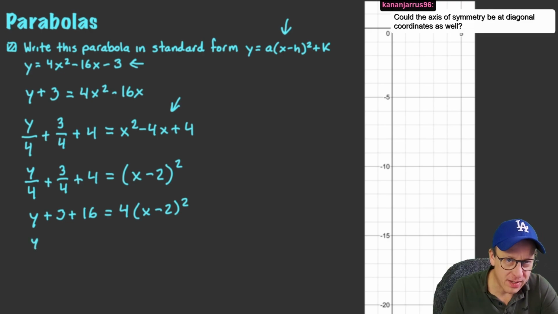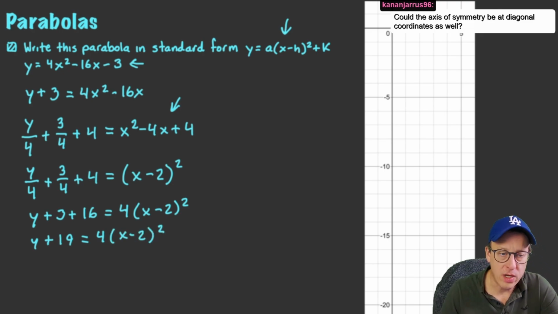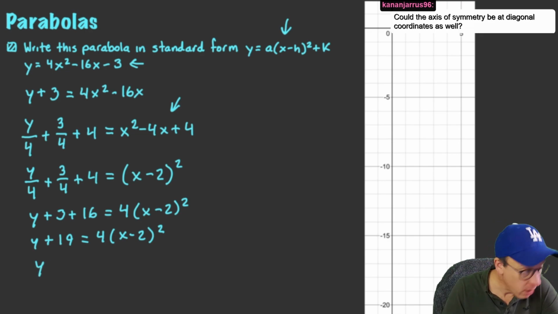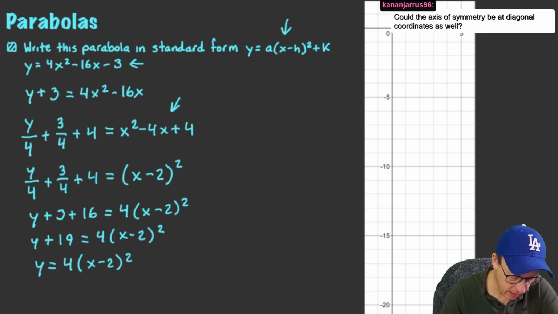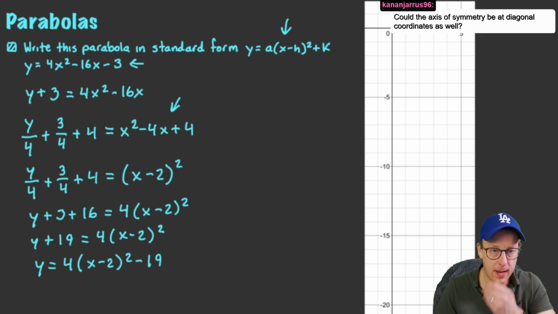I'm taking my time with this just to make sure everything is 100% understandable. Then we just subtract 19, and boom, we have our formula in the standard parabola format that we're looking for.